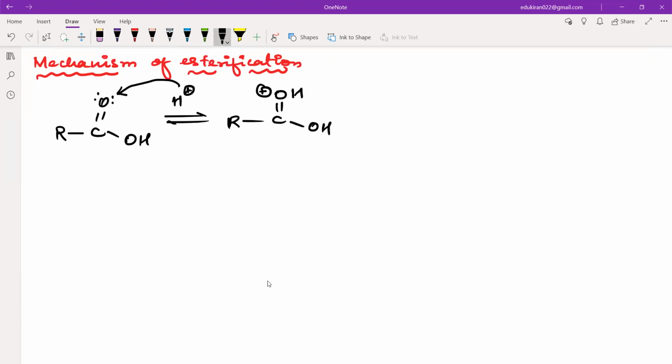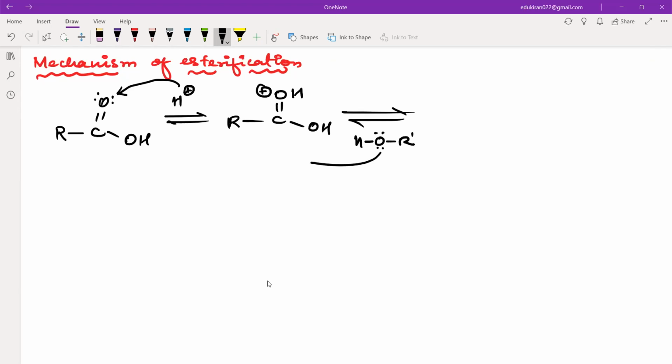Now since this is positive, this carbon is very, very delta positive, because oxygen, which is already electronegative, has a positive charge now. Hence, all the electrons in the pi bond, the double bond between carbon and oxygen, will be shifted towards oxygen, and then comes our alcohol, R, H, O, and you have R. Now here, the oxygen has lone pair electrons.